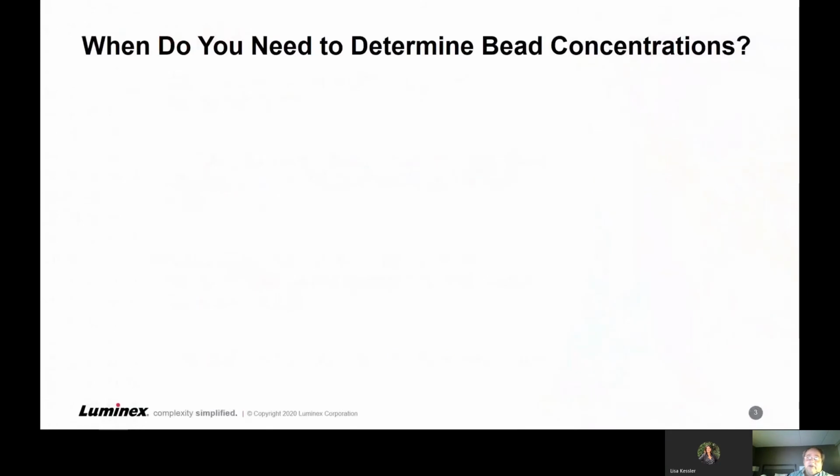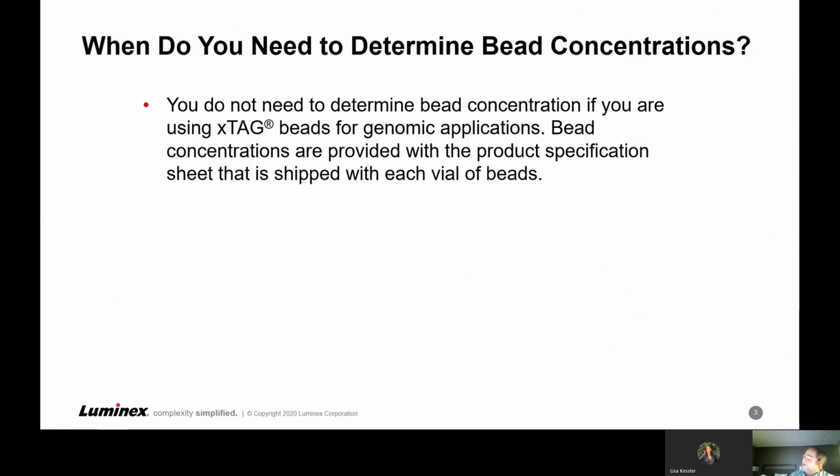So let's start with when do you need to determine bead concentrations? Well, the first thing I can say is there's one time where you will not need to determine bead concentrations. And this is when you're using our X-tag beads for development of genomic applications. The bead concentrations for these beads come in the product specification sheets that are shipped with each vial of beads.